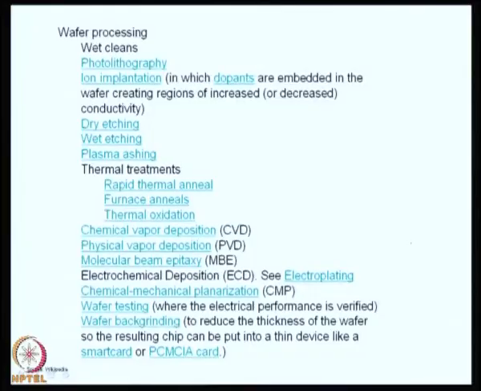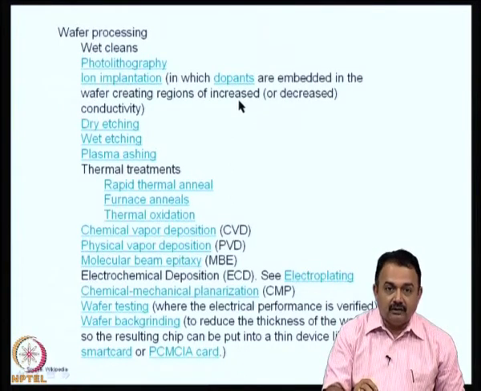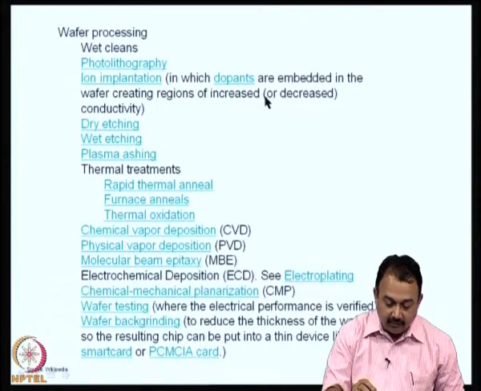Wafer processing involves a lot of processes. Wet cleaning is included, then comes the photolithography process, then ion implantation or doping, which we have seen, where we embed dopants into certain regions of the silicon wafer, either to increase or decrease the conductivity, the mobility, the charge carrying capability.